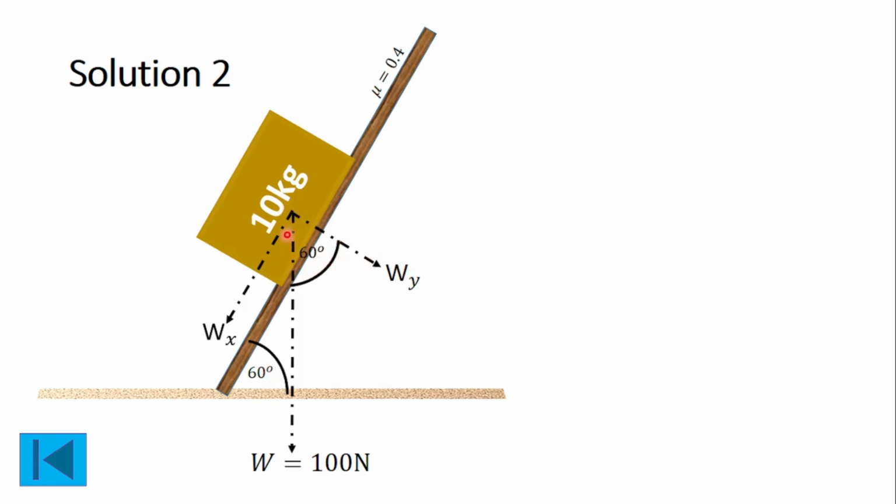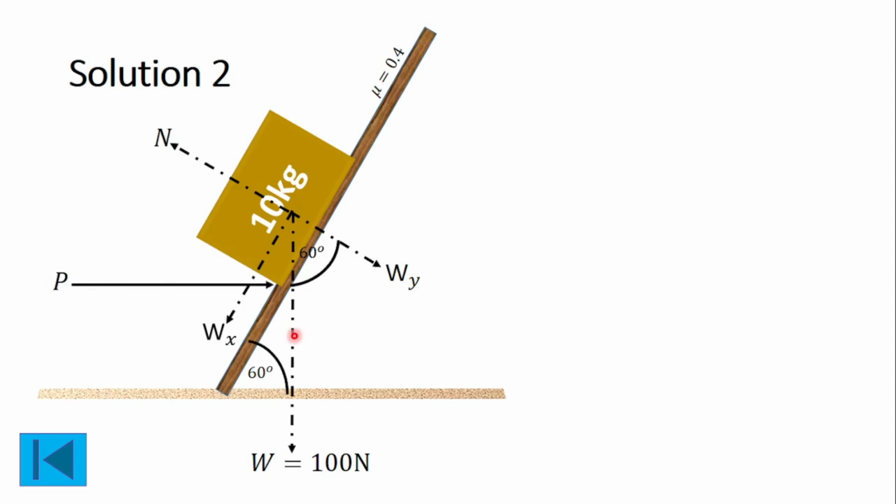So the angle between the weight and the vertical component of the weight, W sub y, is the same as the angle of inclination. Next, look at the normal reaction of the plane on the object, N. You can see that it's directly opposite the vertical component of the weight of the object.